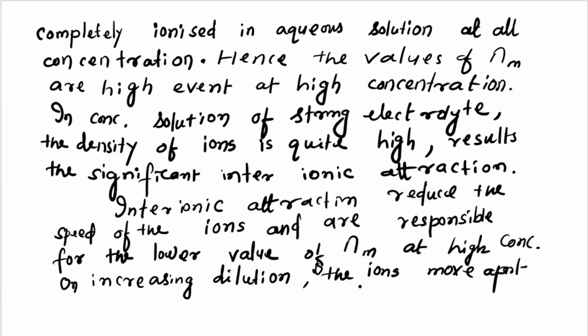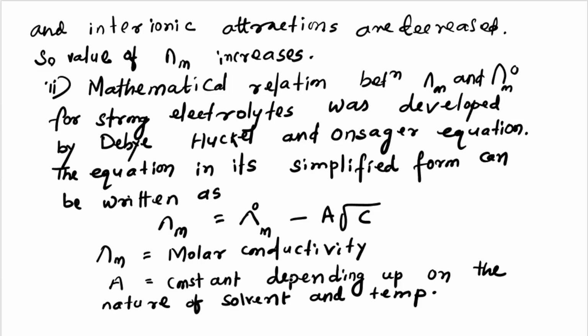But on dilution, the ions are separated far from each other with the help of water molecules. The ions move apart and interionic attraction decreases, so molar conductance increases. Are you clear? In a strong electrolyte, the interionic distance is small. On dilution, the interionic distance is larger, and so the molar conductance increases.